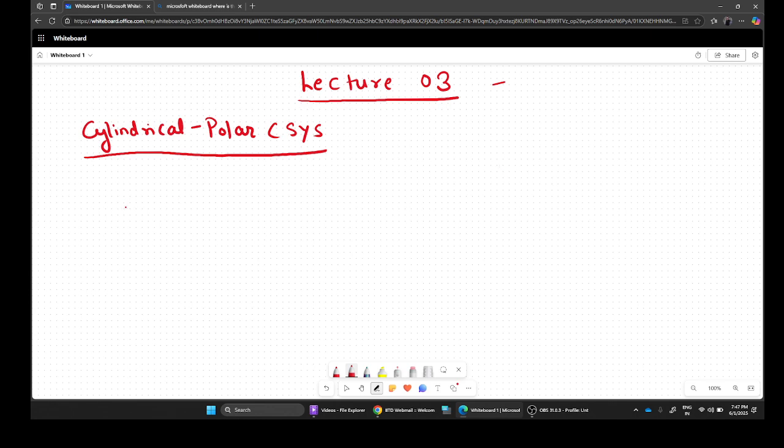It turns out that to define a cylindrical polar coordinate system, we do need a frame fixed Cartesian coordinate system in the background. Let this be the frame F. And let this be a frame fixed Cartesian coordinate system in the background.